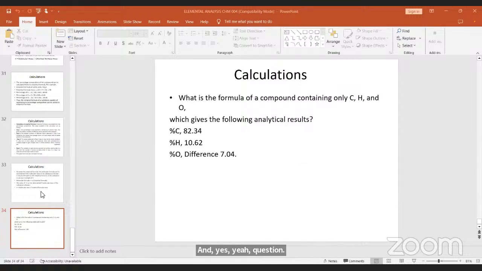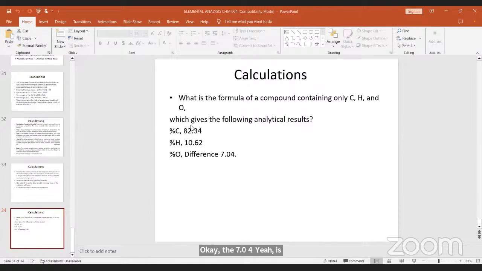She raised her hand. Okay, can you talk? Just talk. Probably it's an error. So I'm trying to track the 7.04. Okay, the 7.04 here is.